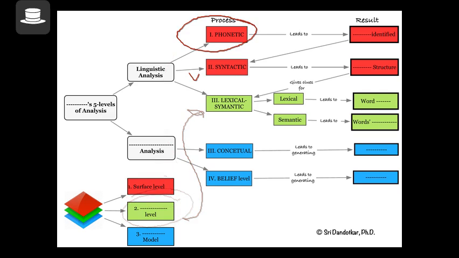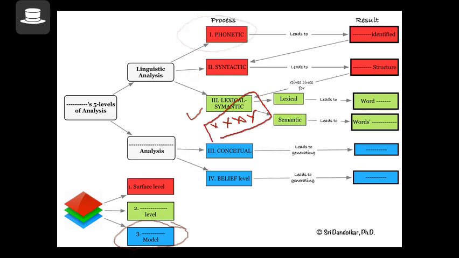Then the situation model has some of the lexical semantic. Remember, the most important events are stored as paraphrases, as propositions. Then most importantly, the conceptual and belief levels are the important part.